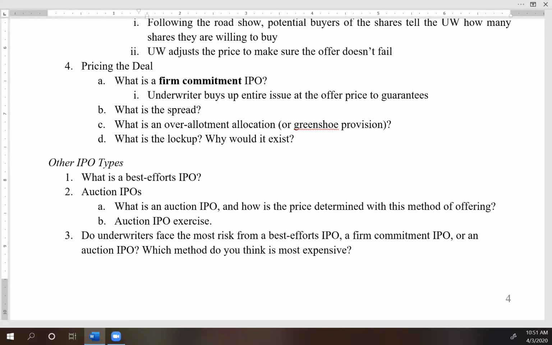sale of shares, so the issue cannot fail, since the underwriter has already said we're going to buy up all these shares. So that puts the onus on the underwriter to make sure that they're pricing this deal properly, so that once they've bought up all the shares, the clients that they have will be willing to buy the shares from them at the proper price.